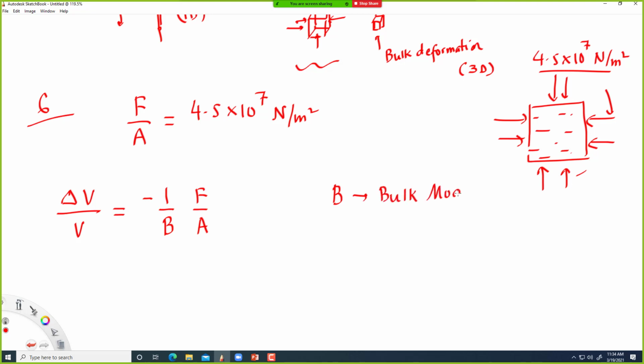In 1 dimension we used Young's modulus, but here we use bulk modulus. And this negative sign implies that when you apply force, there is a decrease in volume.